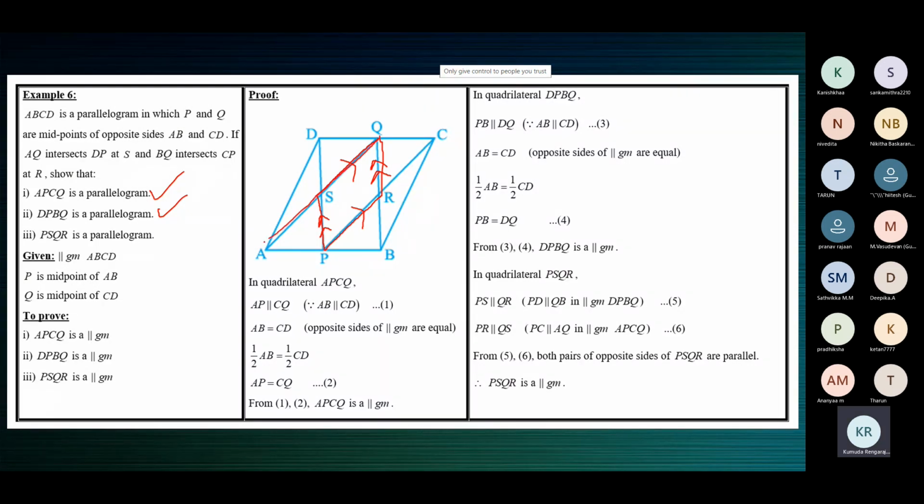This one is parallel to this one because APCQ is a parallelogram. This is a part of AQ and this one is a part of CP. When two line segments or two lines are parallel, any part of the lines will also be parallel to each other. That's what you see here.